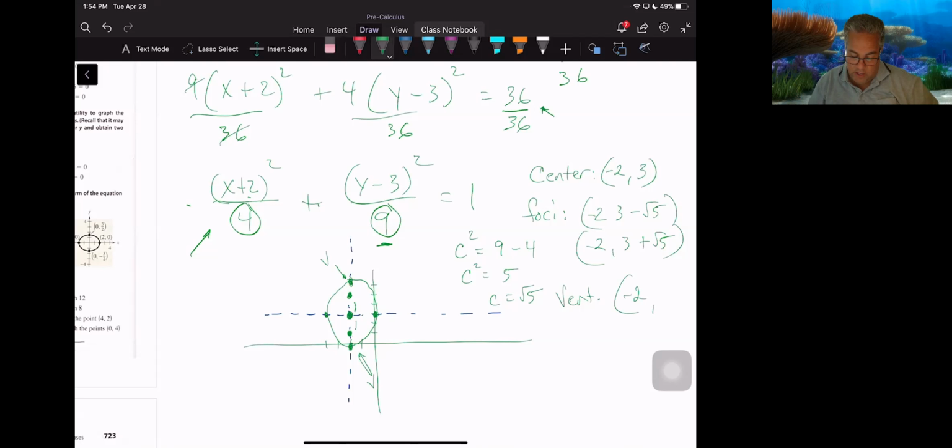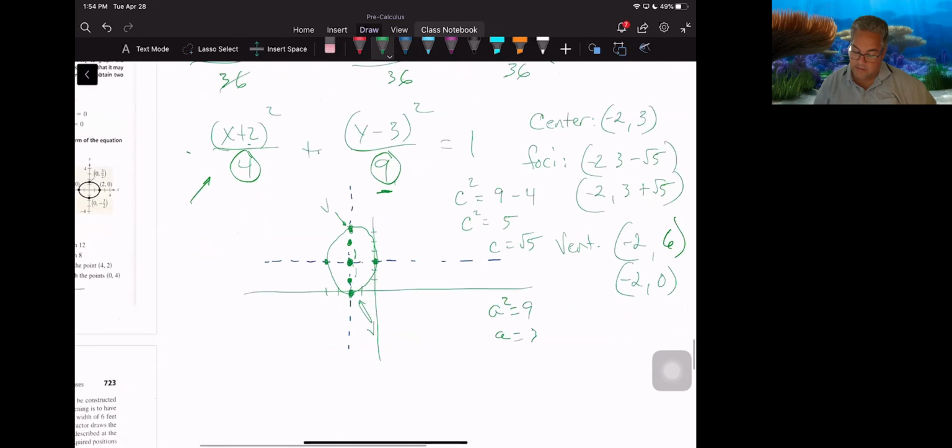So it's at -2 and 6. And -2 and 0, which is this guy right here. Again, you move away from the center. However, the value of A, and in our case, A squared was 9, therefore A is 3, and you move 3 away from the center. So there's our center, there's our foci, and then these are our vertices.